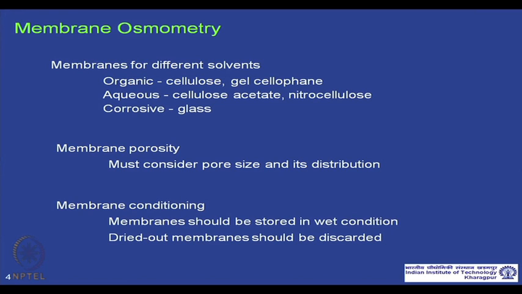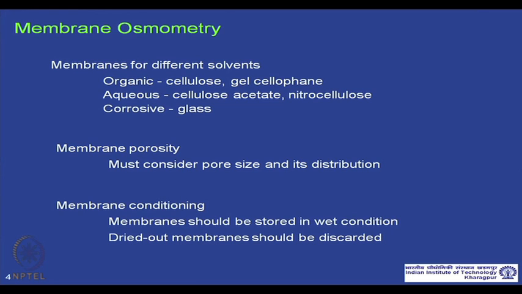Typically membranes are supplied wet in a particular solvent like isopropanol, so if the membrane you have in your hand is dried out, then its nature might go bad, and we should not use that.